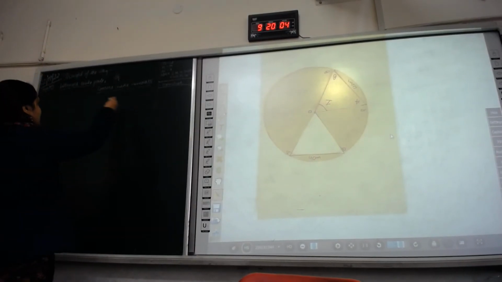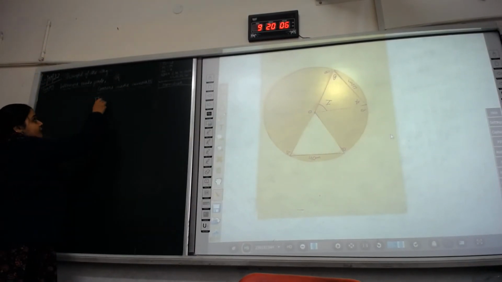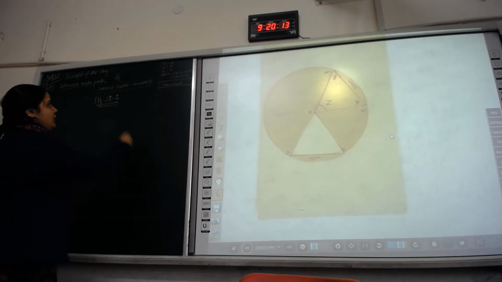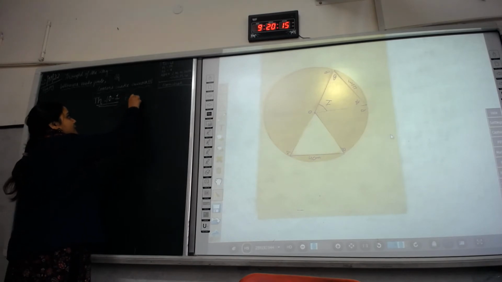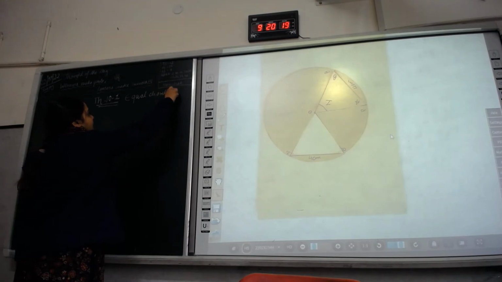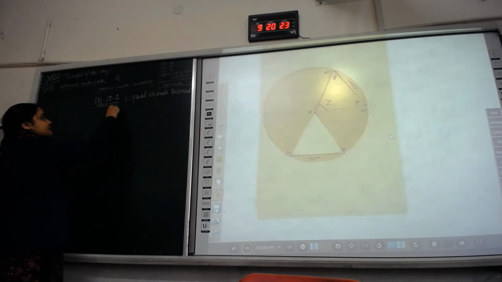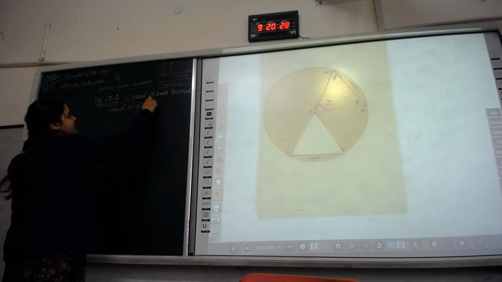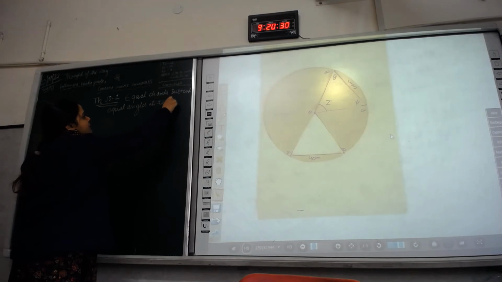Let's see here, that is theorem 10.1. Statement: equal chords subtend equal angles at the center.